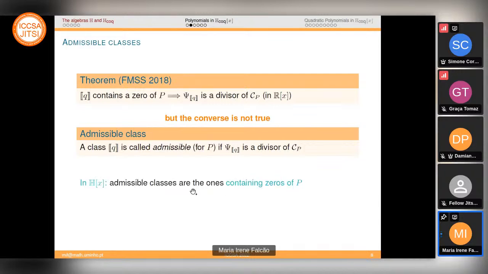In the case of the quaternionic polynomials, the admissible classes are the ones containing zeros of p, and in the case of co-quaternionic polynomials, the admissible classes are the ones which may contain zeros of p. What we know is that if there is a zero, the zero is in an admissible class, but no more than this at this moment.